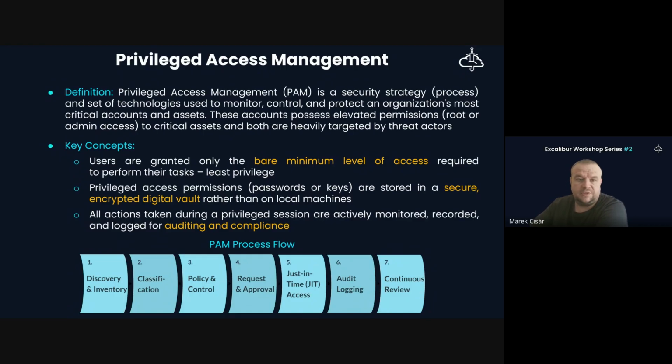The fifth step is more or less optional, but some organizations or enterprises require that those critical systems can be accessed only within a specific defined time and date, and it is basically called just-in-time access.